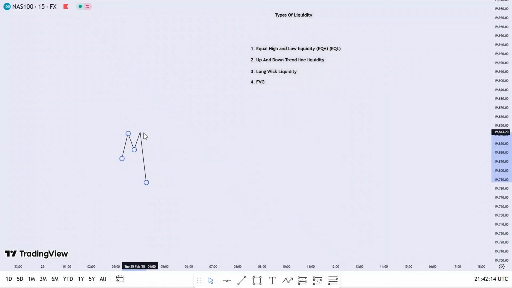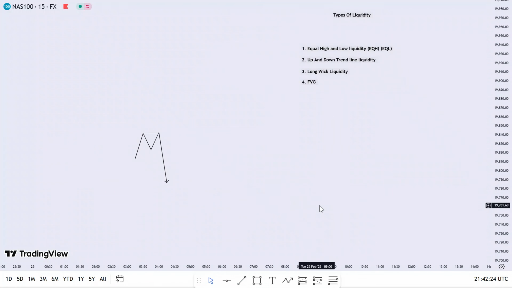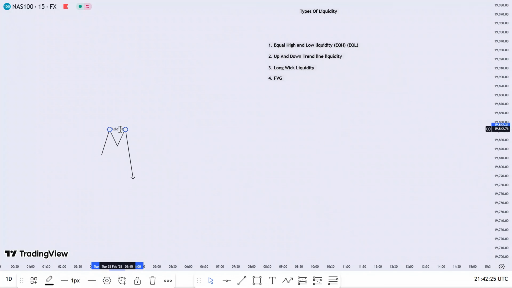Excuse me, let me draw it more properly. So you have your equal highs or equal low liquidity here. Okay, we actually mark this EQH.